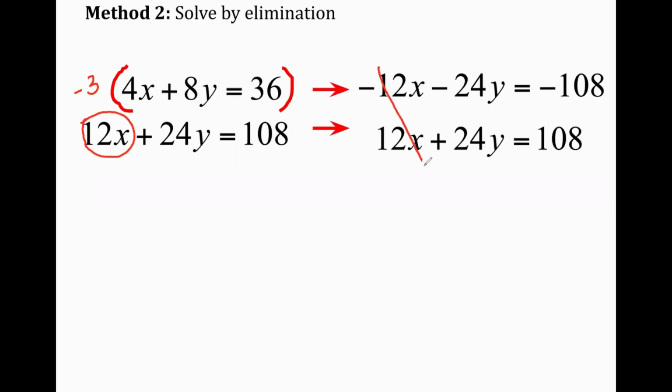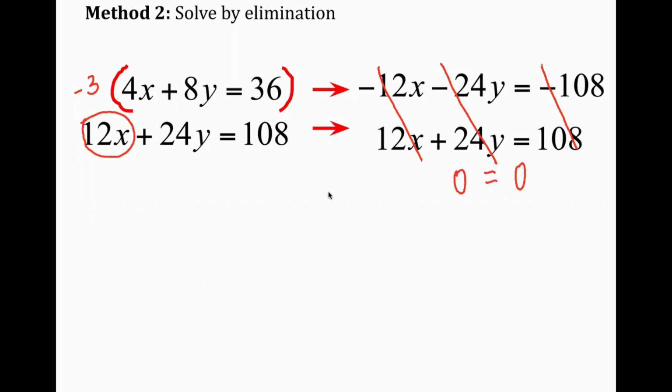-12x and positive 12x will cancel. Notice here that -24y and positive 24y also cancel. And so does -108 and positive 108. So the final equation you get is just 0 equals 0.